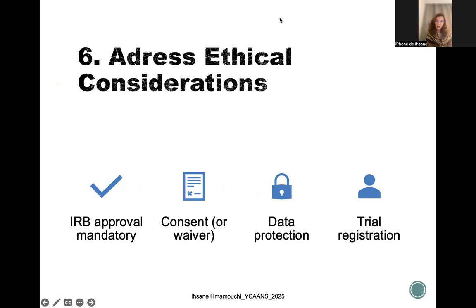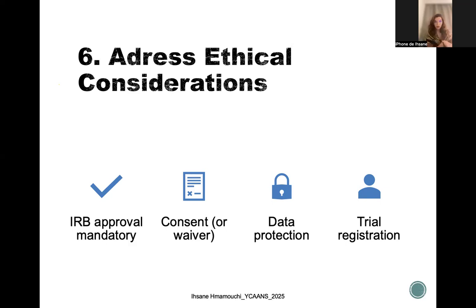Now we will talk about some ethical considerations. As you all know, every study on humans must respect ethics. And you need to have a checklist, beginning with the IRB, the Institutional Review Board, or Ethics Committee approval.